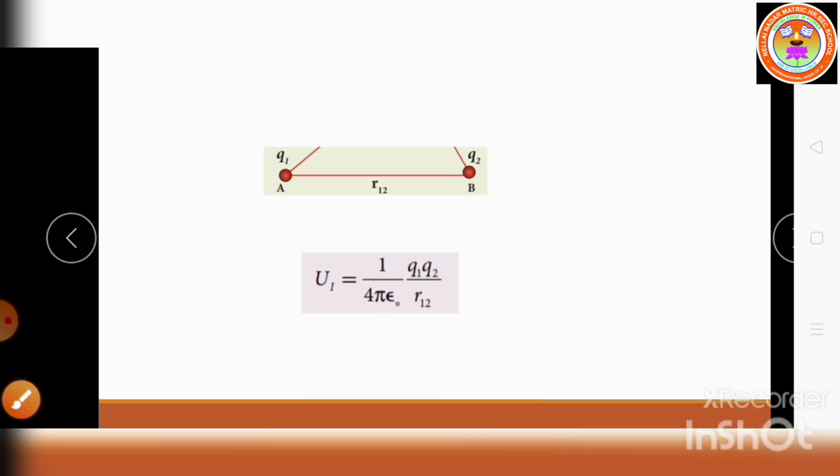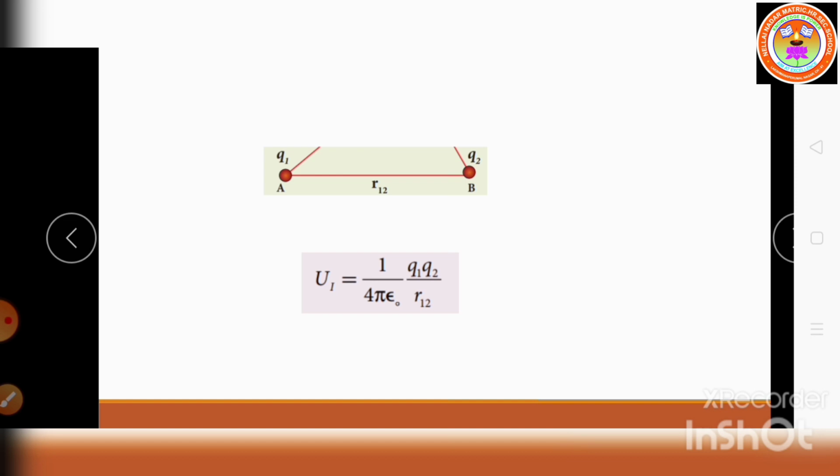Like that, first we are getting the formula. If you are arranging the charge Q2 at the point B, we are getting the potential U1 equal to 1 by 4 pi epsilon naught Q1 Q2 by R12. Understand, children? This is the same as when the charge Q2 is brought first.